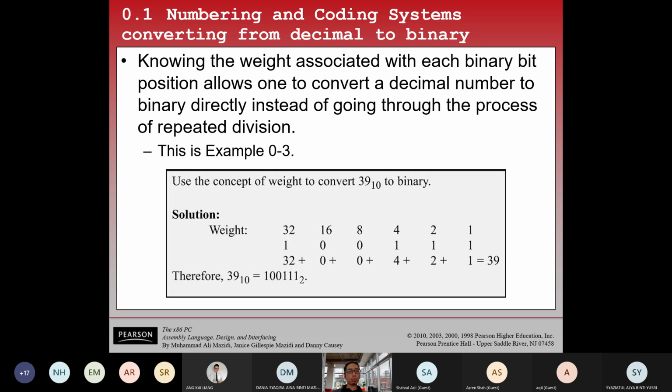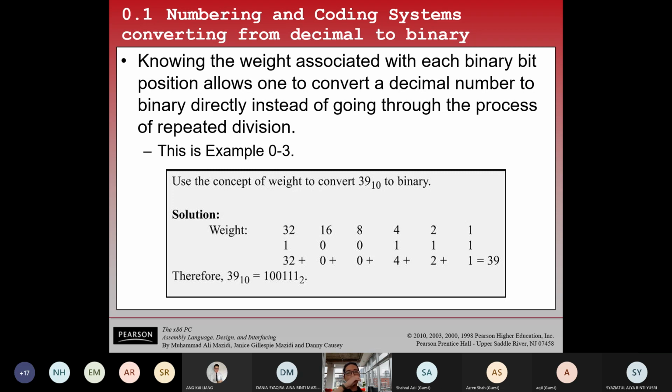All right, now you want to do the conversion of the decimal to binary. So if you have 39, how do you want to convert that to binary?